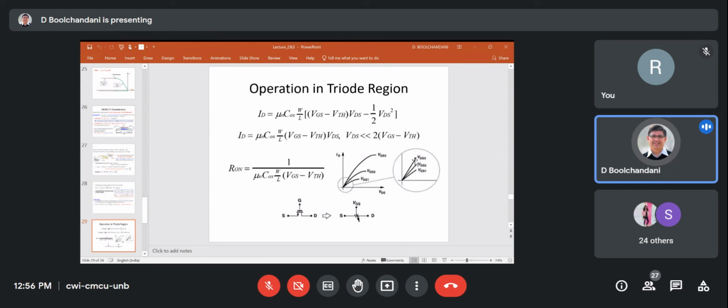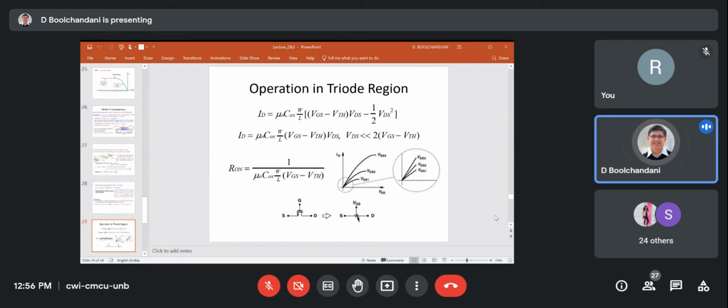And the value of the resistance is dependent upon the value of gate to source voltage. So in this region, the transistor behaves as a resistance, and the value of the resistance is given by this expression. If you change the value of VGS, the resistance is going to change. So you have a gate controlled resistance between source and drain region.